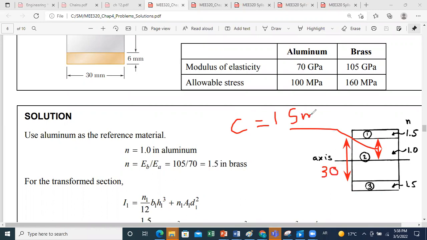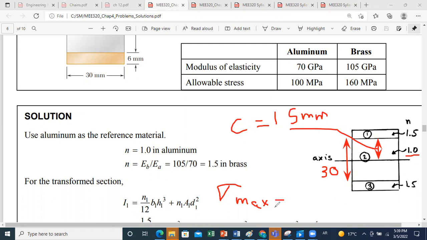C is 30/2, equal to 15 millimeters. And then to calculate sigma max in aluminum, we don't have to multiply by n. N is already 1. If you multiply by n, you just get the same result. So we don't have to do any modification for aluminum.